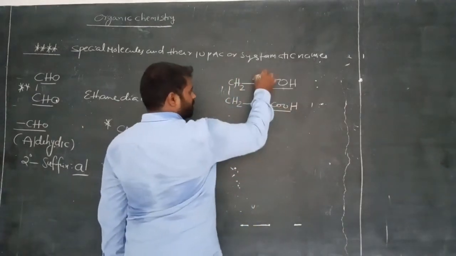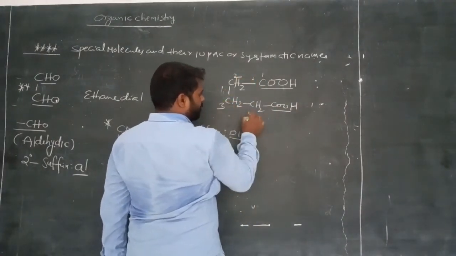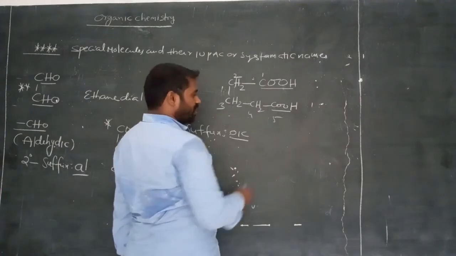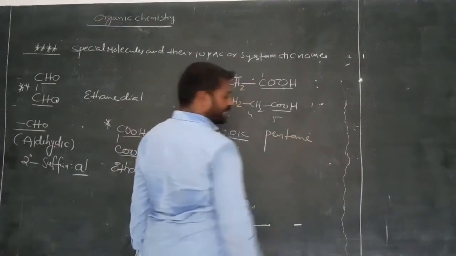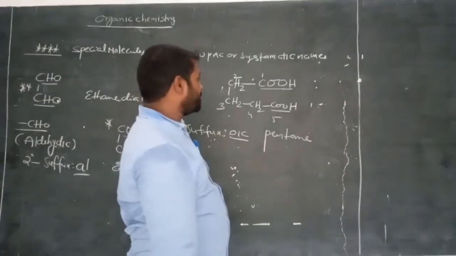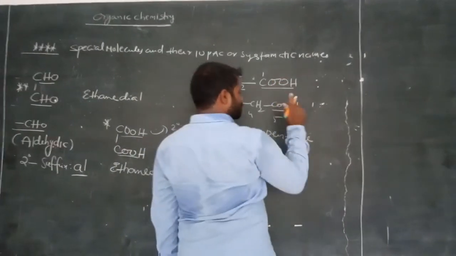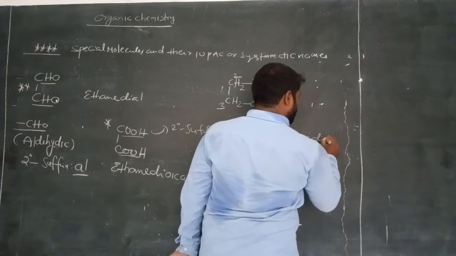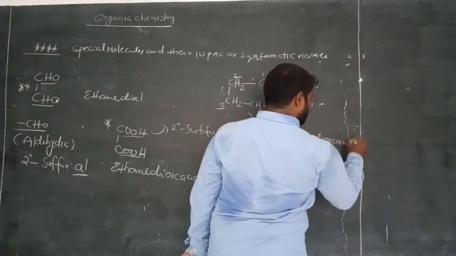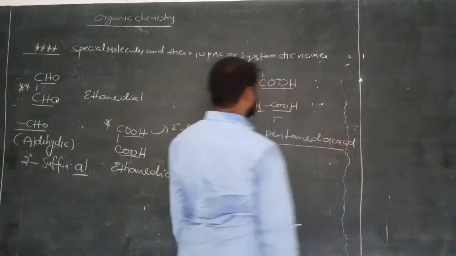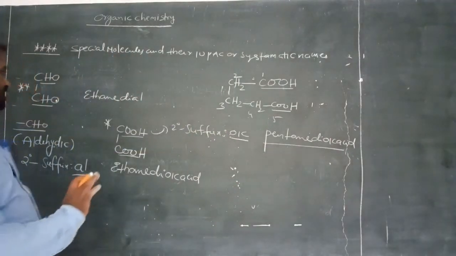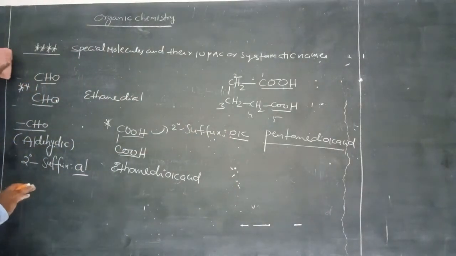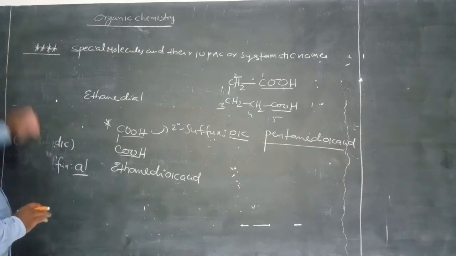Give the numbering 1, 2, 3, 4, 5 carbons. 5 carbons means pentane. What is the root word? Pentane. How many COOH groups? 2. So dioic acid. Pentanedioic acid. Why? Because it consists of 2 COOH groups. Clear? These are some important special molecules. We have to remember this. Okay.